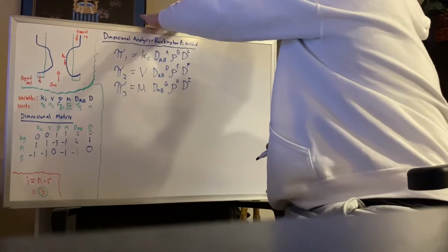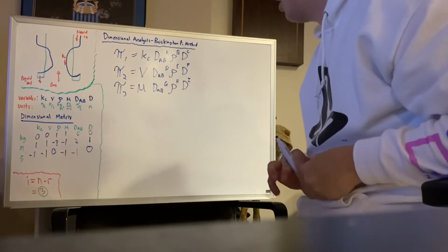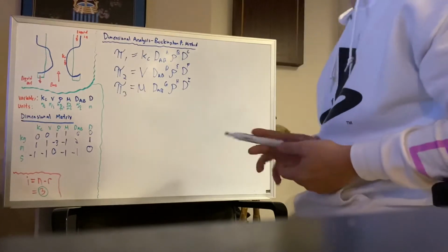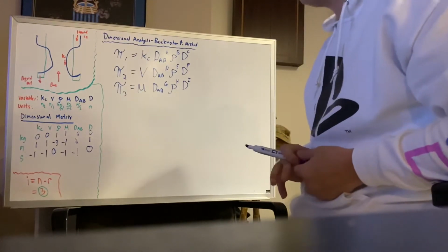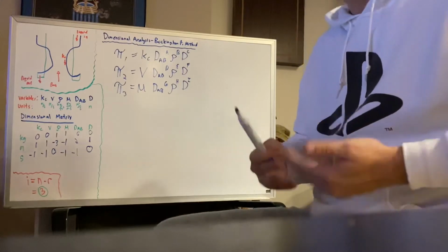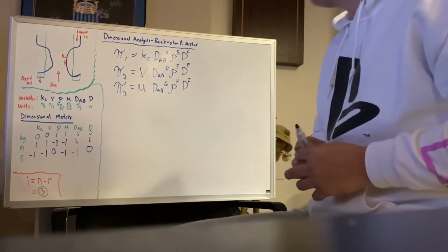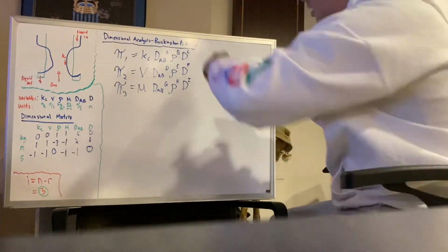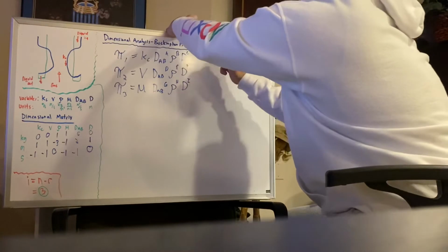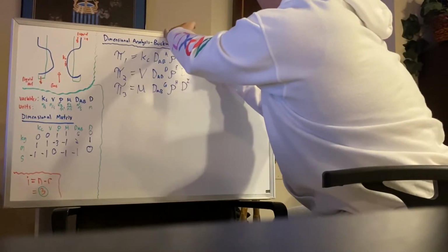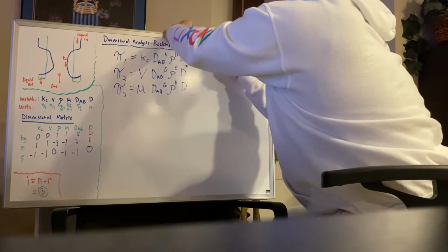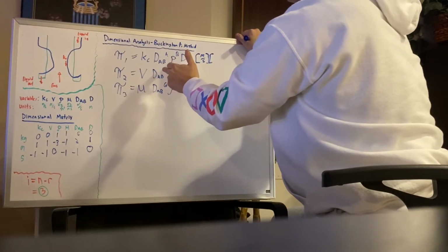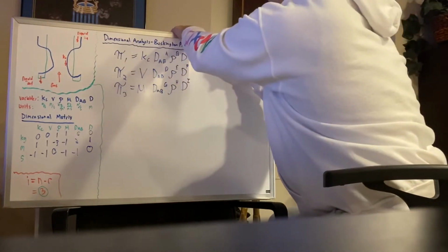And now that we have these variables and what we really need to find, we are going to do something very similar to what we did over here by using the units that we have given to go through and find out really what these powers should be, these exponents. And so we'll go through and do pi 1, for example. So pi 1 is given to us as the mass transfer coefficient, which is meters per second, multiplied by the mass diffusivity constant between A and B, which is meters squared per second.